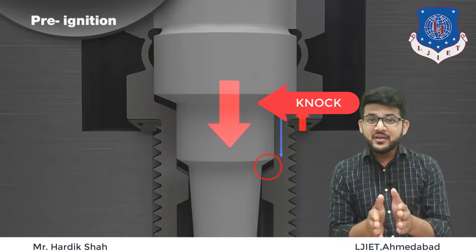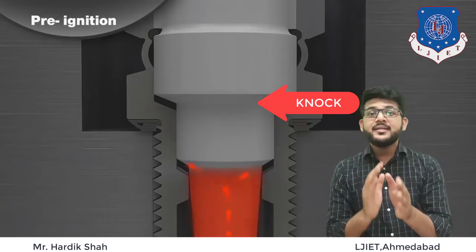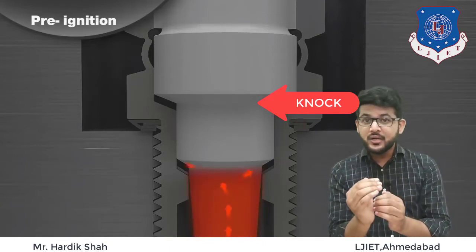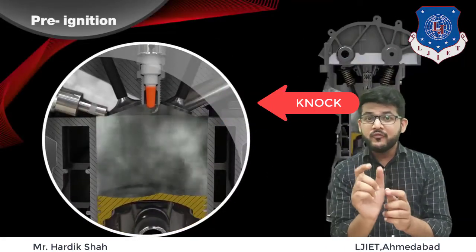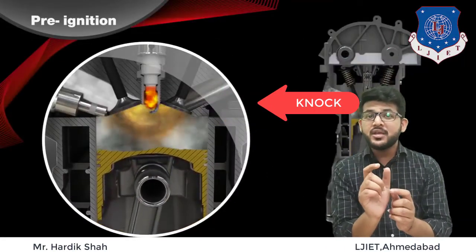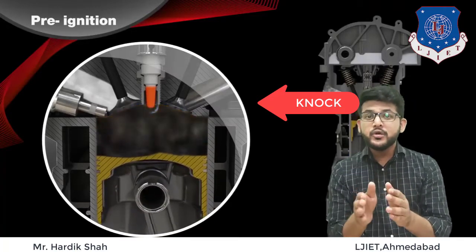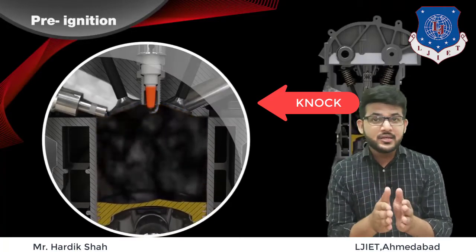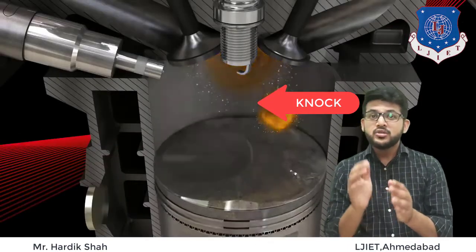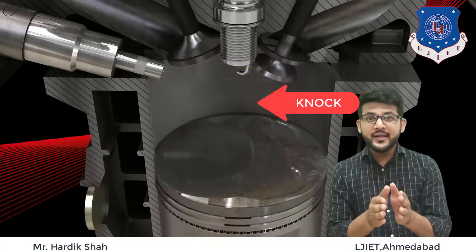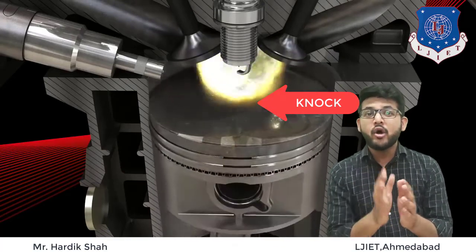Then the pressure waves are repeatedly reflected by the walls and create an oscillatory pressure versus time. Knock is the name given to that metallic noise, like hammering, produced by the vibrations of the engine components excited by the pressure oscillations. Knock intensity depends on the amount of end gas mass that auto ignites.